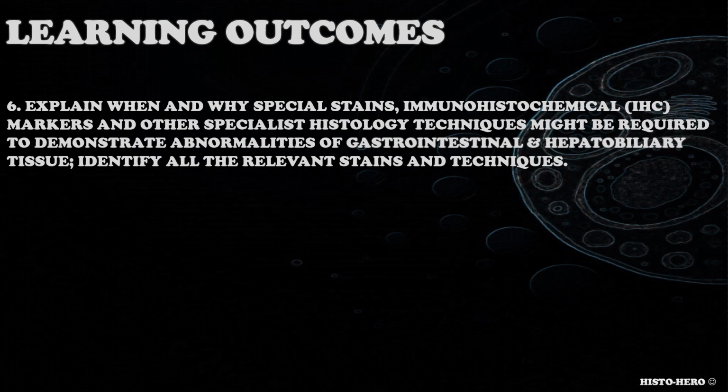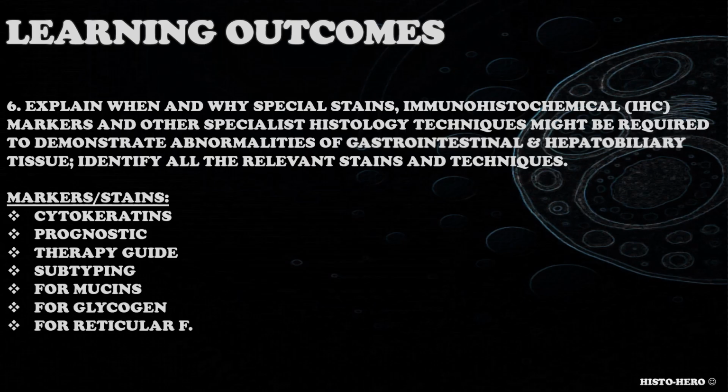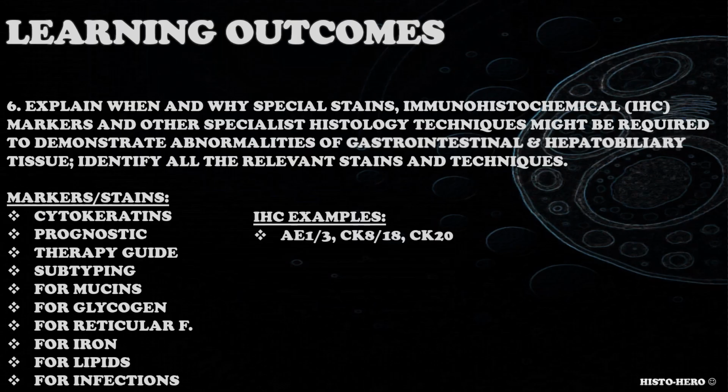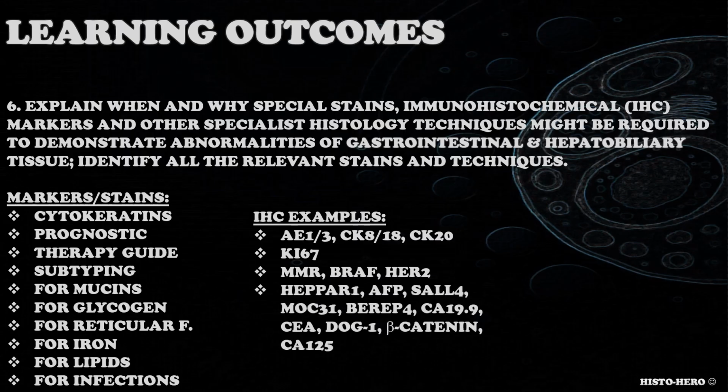The candidate could mention markers like cytokeratins, prognostic markers, markers for guiding therapy, for subtyping, and for detection of mucins, glycogen, reticular fibers, iron, lipids, or infections. Specific IHC markers like AE1/3, CK8/18, CK20 for epithelial lineage, Ki67 for proliferation, MMR panel for Lynch syndrome, HER2 to guide therapy, HepPar1, CA125, DOG1, SOX4 for subtyping.